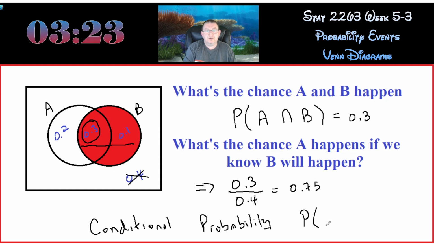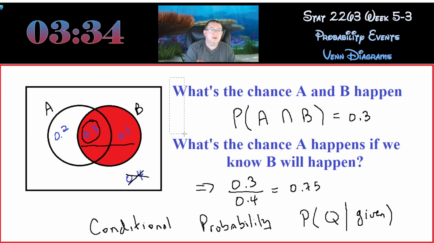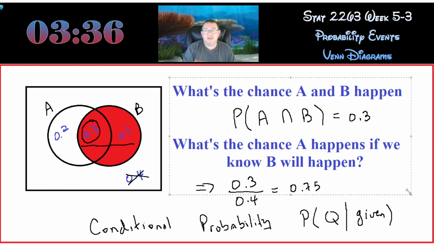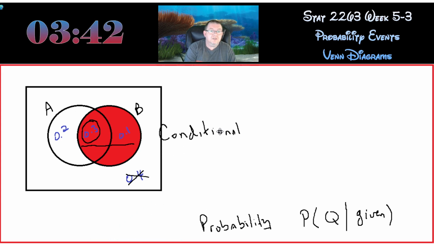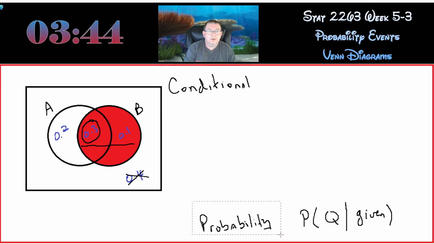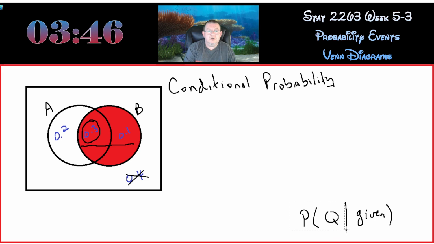And it is noted as the probability of the question line the given. So let me just make a little space here by getting rid of my example. Let's get rid of that part too. I'm just going to move this up here, this here.